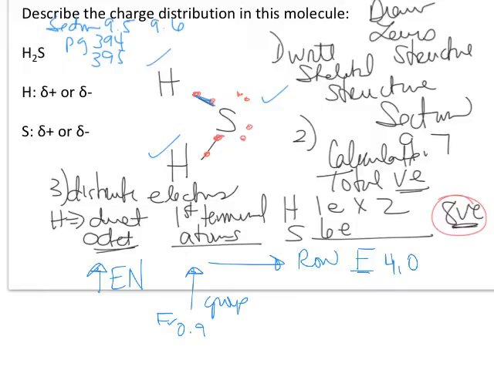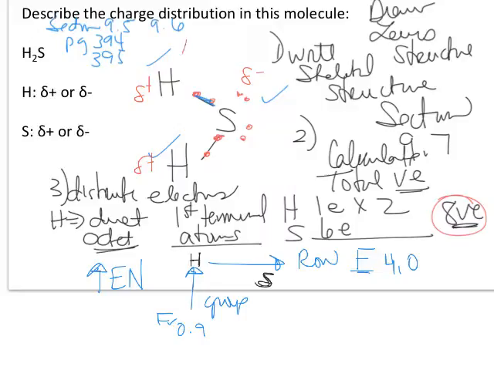So sulfur is over here on the periodic table, and hydrogen is over here. So what happens is the hydrogen within this bond is delta positive, and the sulfur is delta negative. And you do these little delta negative, and the hydrogen is delta positive.